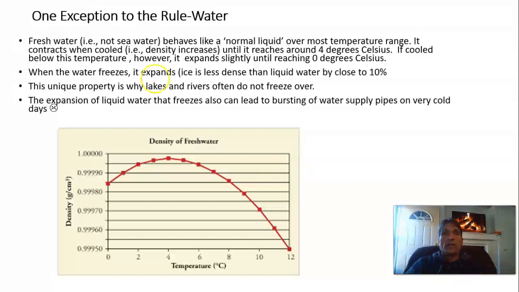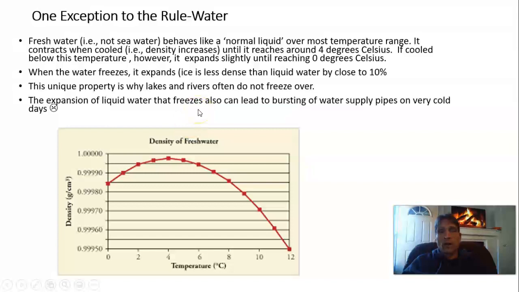And so this freezing and this expansion of ice relative to water can lead indirectly to the bursting of water supply pipes on a cold day. But most materials, as you heat them, they expand, and most materials, as you cool them, they contract. But it isn't always the case, and an important example is water at temperatures near freezing.